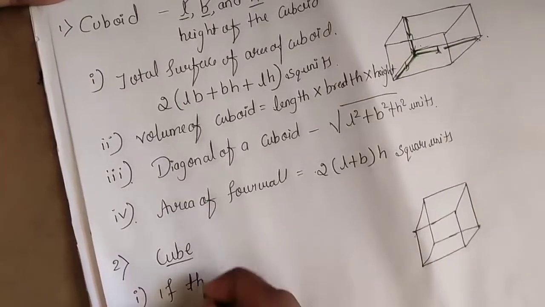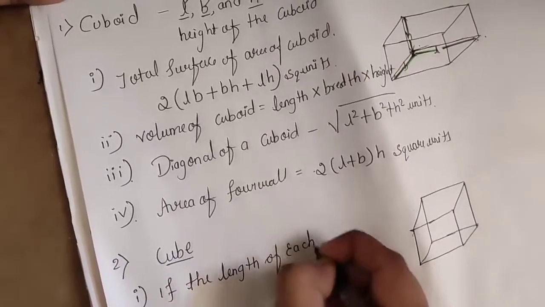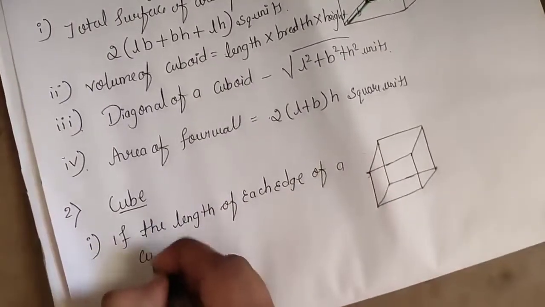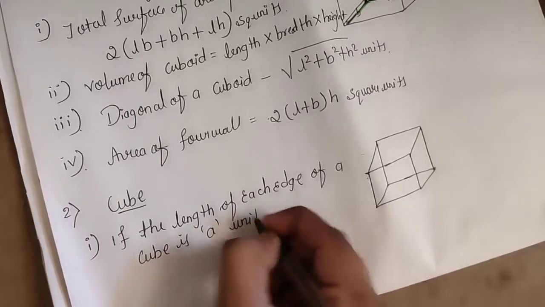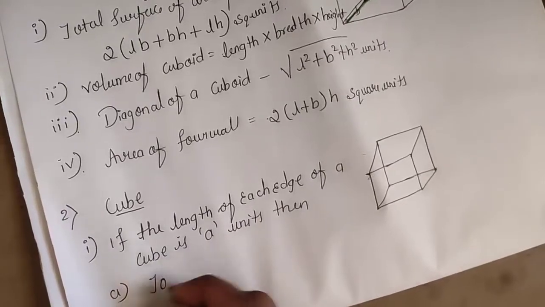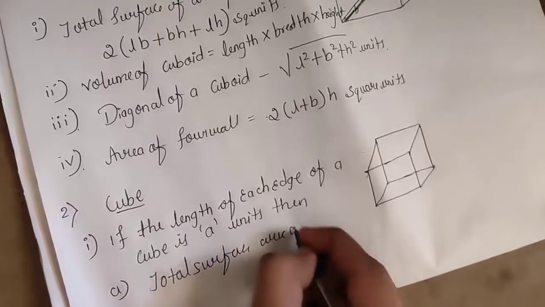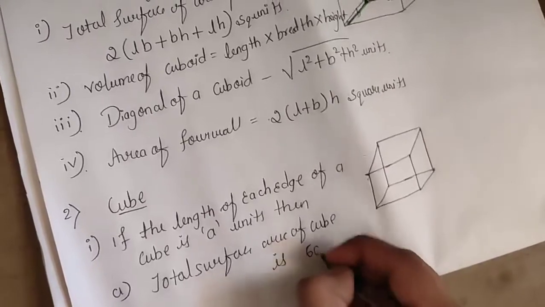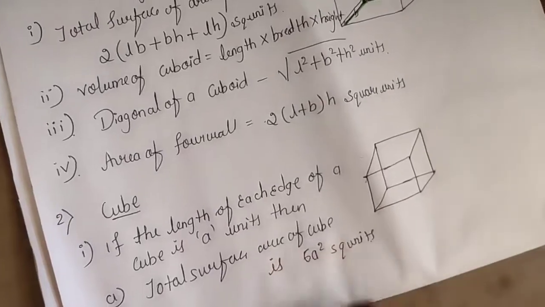If the length of each edge of a cube is A units, then total surface area of cube is 6A square units.